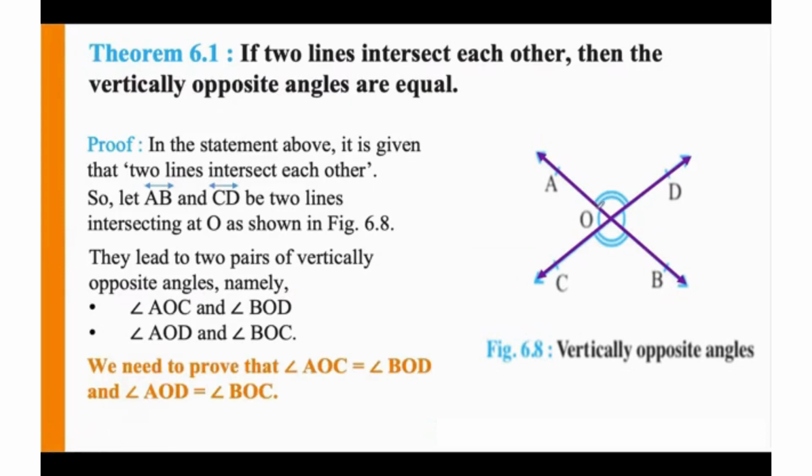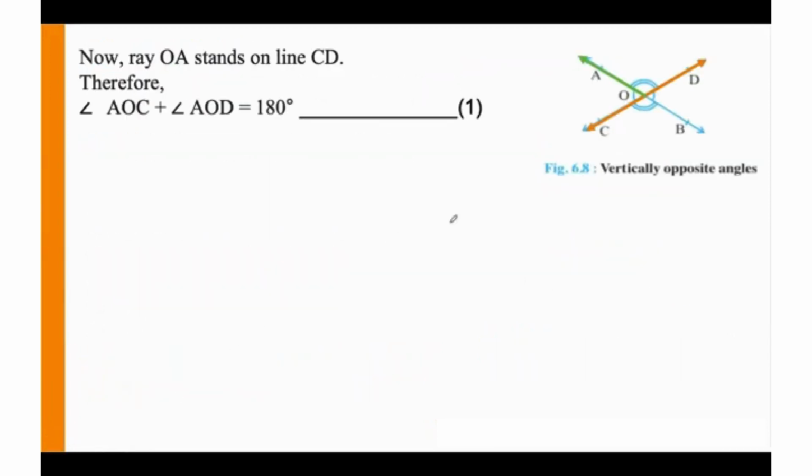We need to prove that angle AOC is equal to angle BOD and angle AOD is equal to angle BOC. Now that we have understood what is given to us and what we need to prove, let us think of our logical arguments.